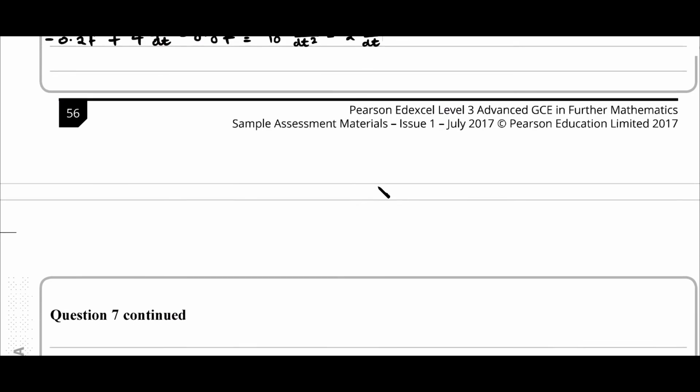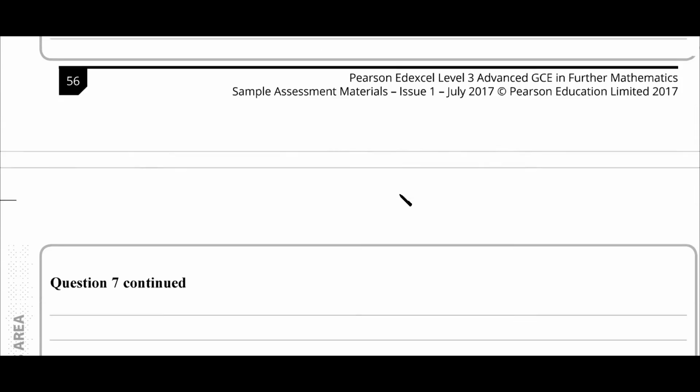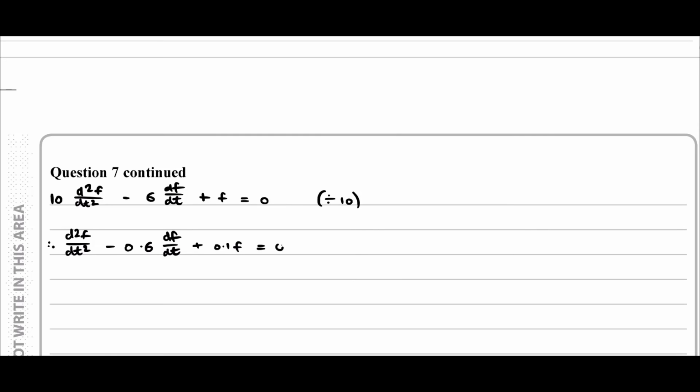And if I rearrange this equation and gather everything over to one side, we have 10 d squared F over dt squared minus 6 dF/dt plus F equals 0. And if I divide through by 10, we can therefore conclude d squared F over dt squared minus 0.6 dF/dt plus 0.1F equals 0. That's what we wanted to show.